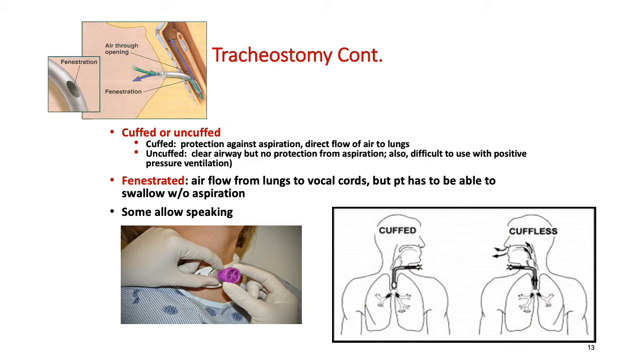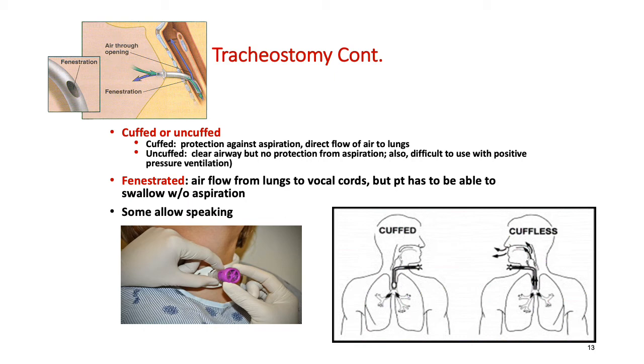However, there are indications for a patient not to have a cuffed tube. If a patient doesn't have a risk for aspiration, then that cuff can be deflated. Sometimes they might start out with a cuff inflated and it gets deflated later on once that aspiration risk goes down.